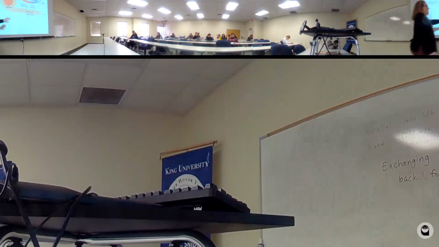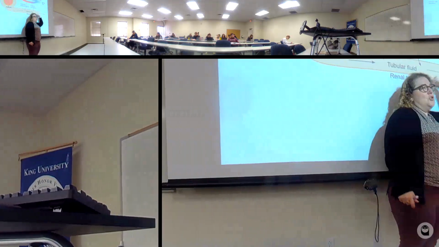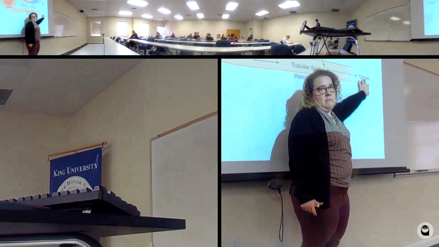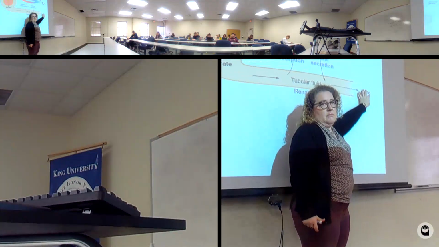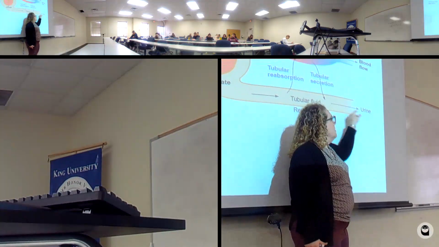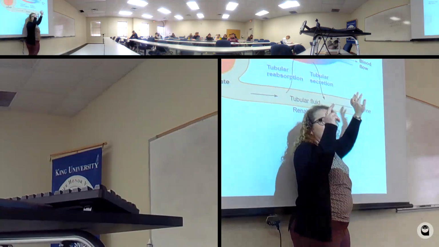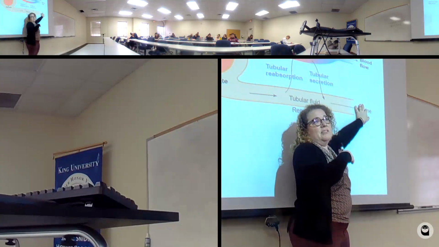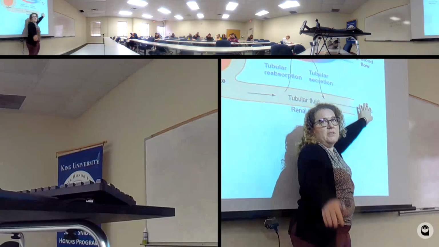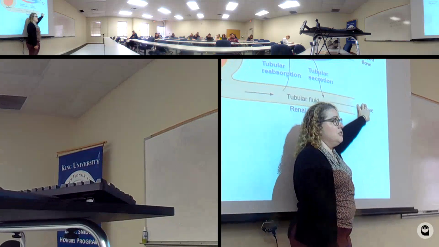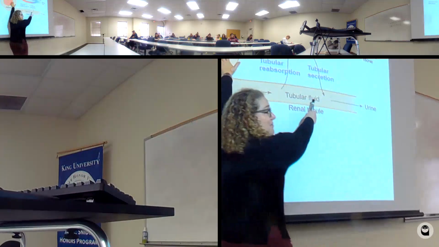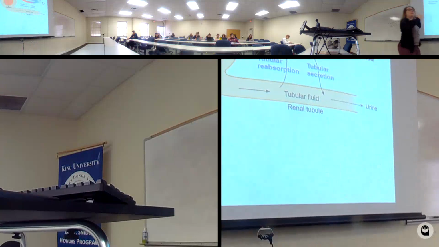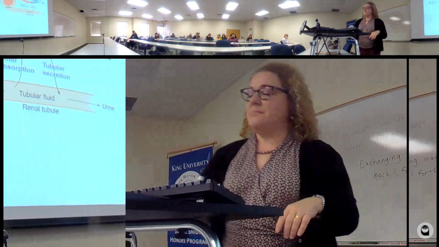And by the end of all of this, what's in the tubules will be urine. At this point, the urine is finished. And that urine is going to be the same urine that we release from the body through the urethra. But in the nephron, there's a lot of back and forth of things moving this way and that way.